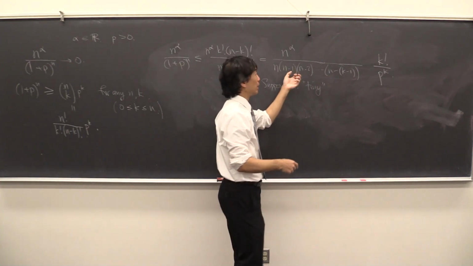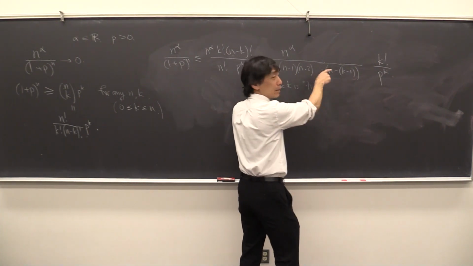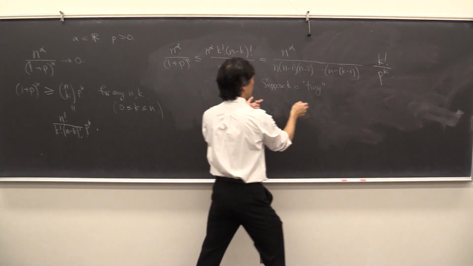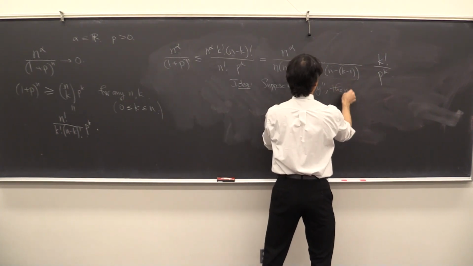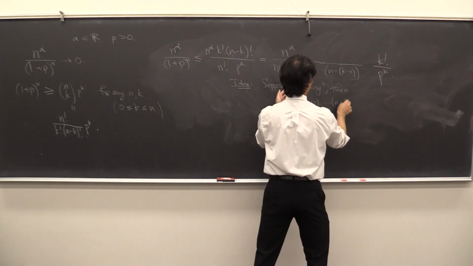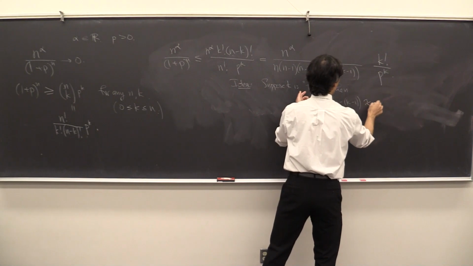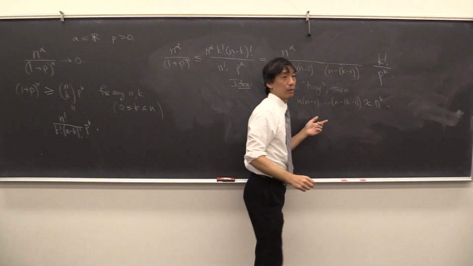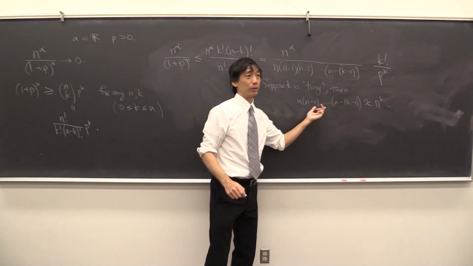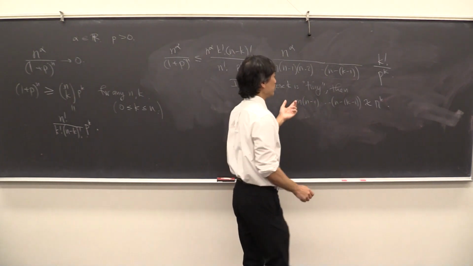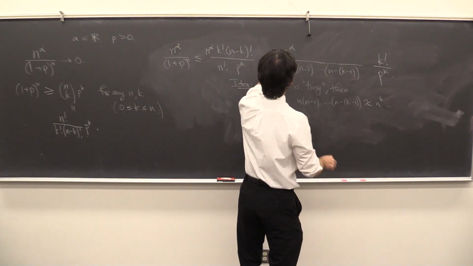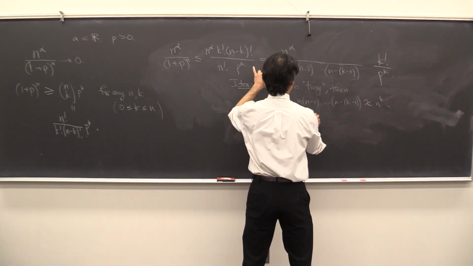So these are all basically n. If k is tiny, then the denominator is basically n to the k, because we're subtracting off something that doesn't really matter much. So on the left we would get n to the alpha minus k.